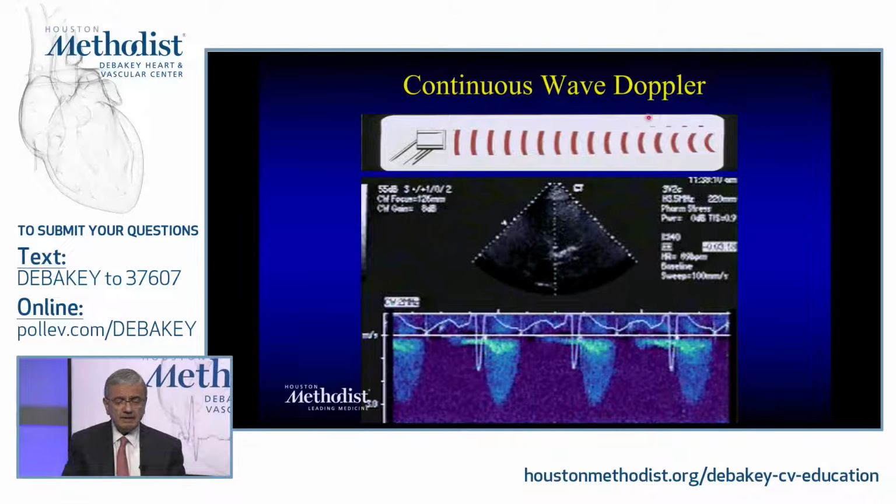So let's say this is an aortic stenosis here, but the reason why I'm seeing this aortic stenosis high velocity jet is that along the line of this Doppler beam, the highest velocity is at the aortic stenosis. Notice there are some lower velocities, and usually these are in the LV outflow tract.